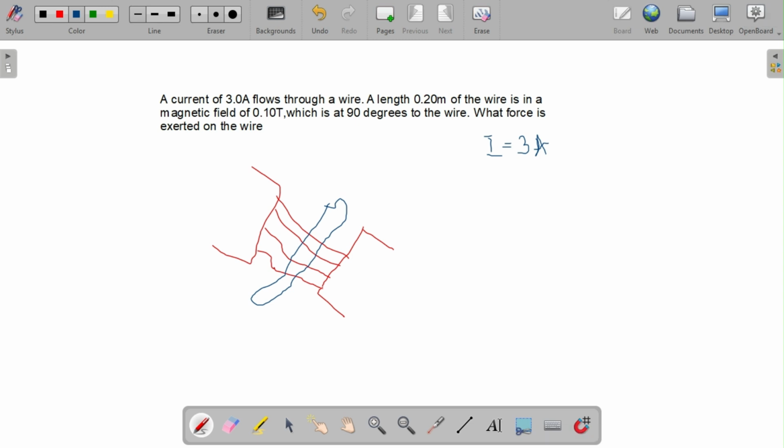Then your length is 0.2 meters. Then your magnetic flux density, symbolized by B, measured in Tesla, is 0.1.